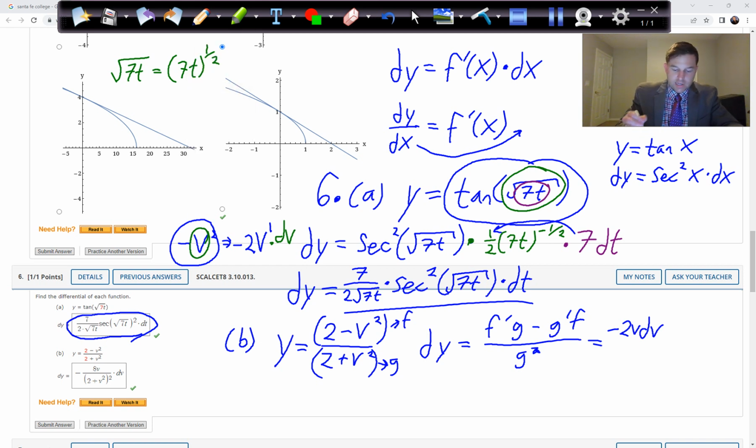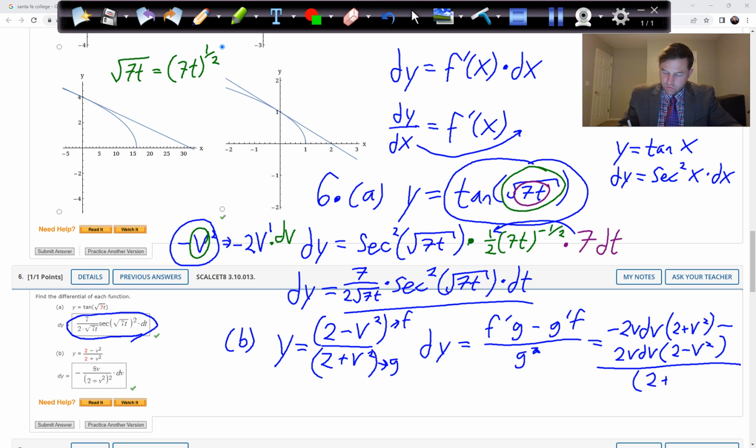Okay, but all that's f prime, times g, which is 2 plus v squared. Then it's minus g prime, which would be, derivative of 2 is 0, derivative of v squared is 2v dv, times f, which is 2 minus v squared. All of that is on top of g squared, (2 plus v squared) squared.